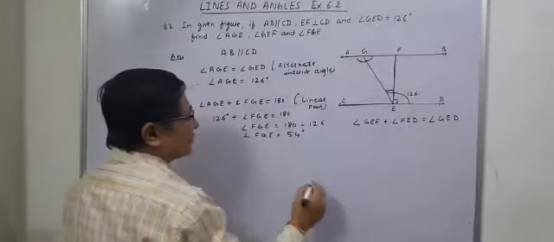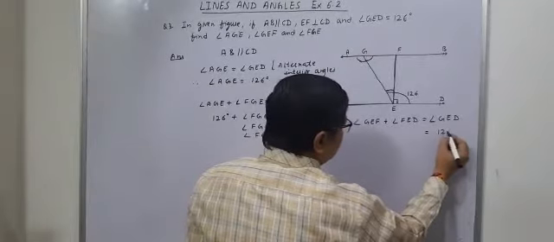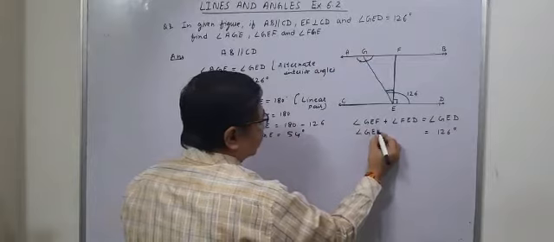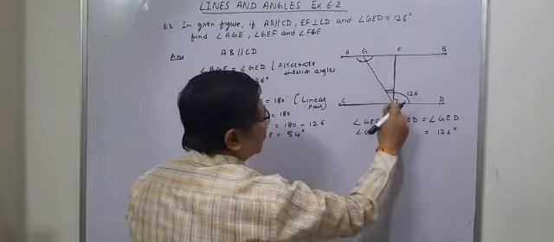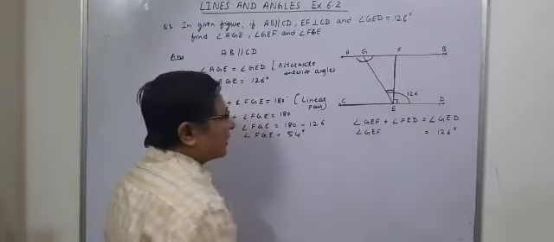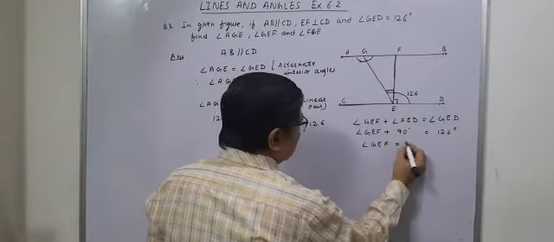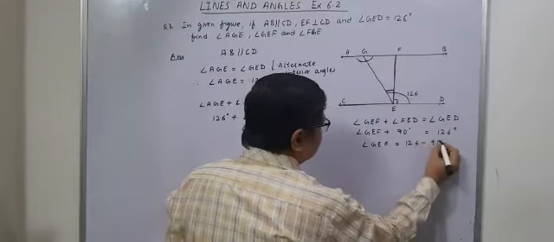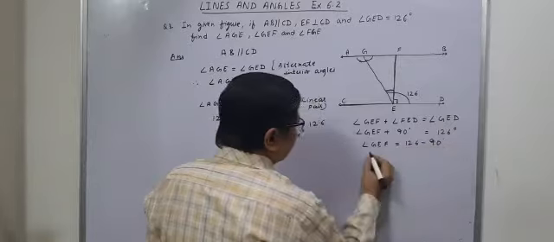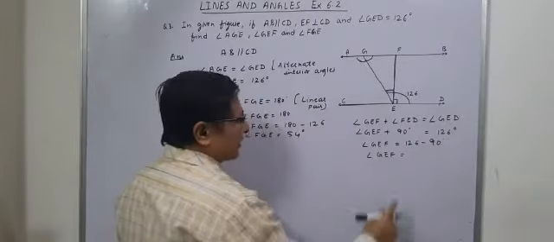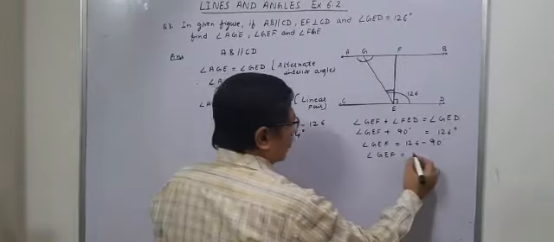GED is how much? 126 degrees. Angle GEF we have to find, and for FED, it is given that EF is perpendicular to CD. Perpendicular means 90 degrees, so we put 90 degrees here. So angle GEF is equal to 126 minus 90, that is equal to 36 degrees.